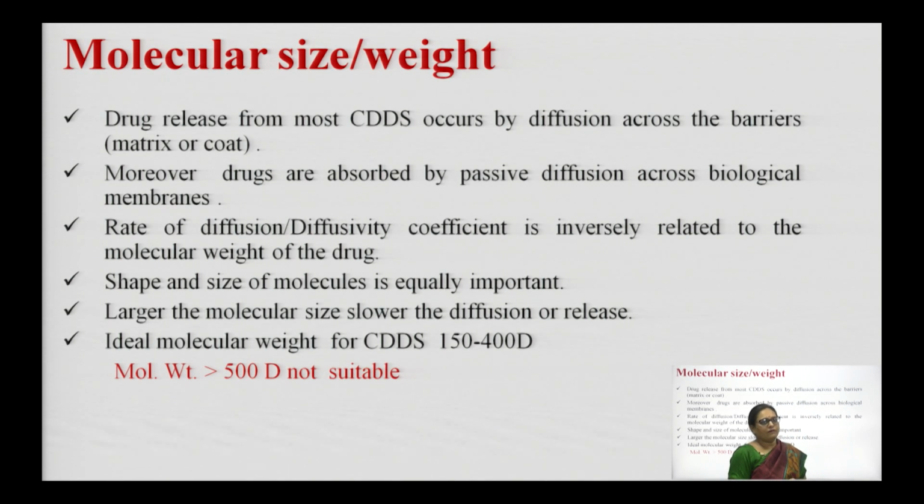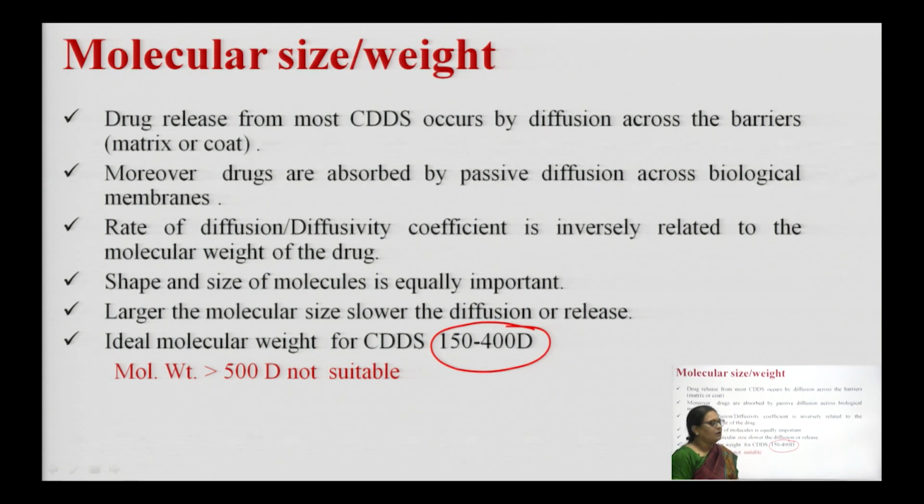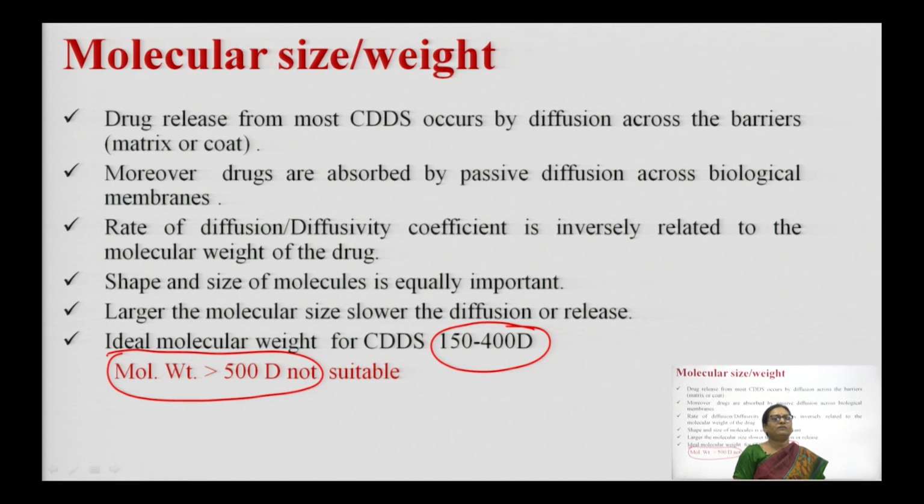It has been observed that the ideal molecular weight range for a drug to be absorbed significantly and suitable for design of controlled drug delivery systems is 150 to 400 Daltons. Drugs with a molecular weight greater than 500 Daltons are not suitable for formulating controlled drug delivery preparations.